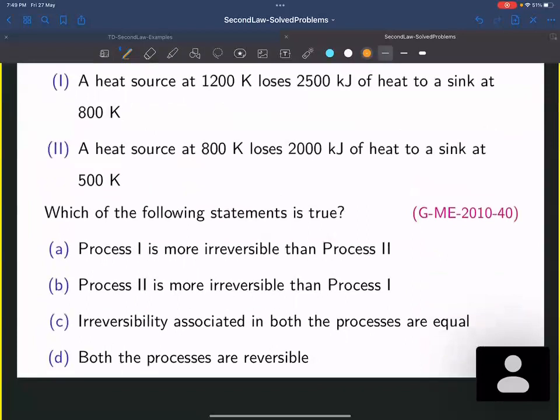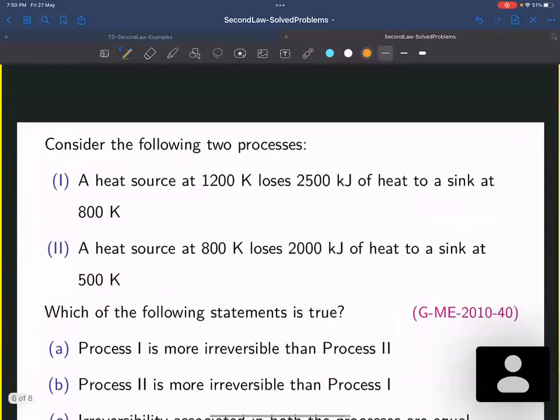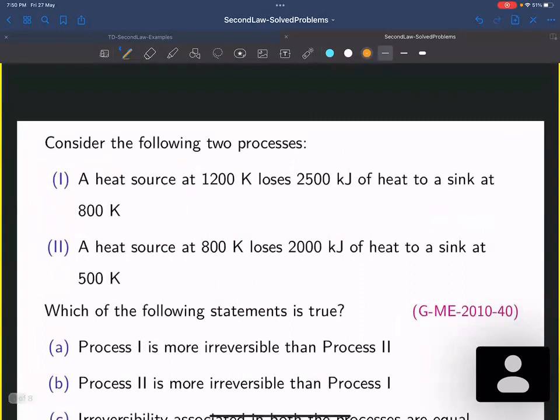So next one we are going to is a slightly involved one. This is again based on our previous problem of the integral of dq by T, about entropy change for a reservoir. We'll read the problem again. We are given two processes involving a heat source and a heat sink. There is a source at 1200 Kelvin, which is losing 2500 kilojoule of heat to the sink.